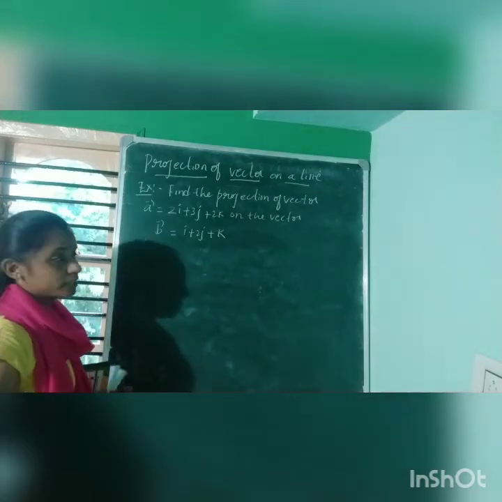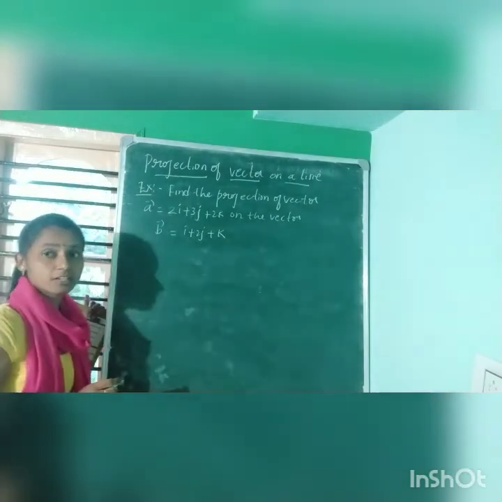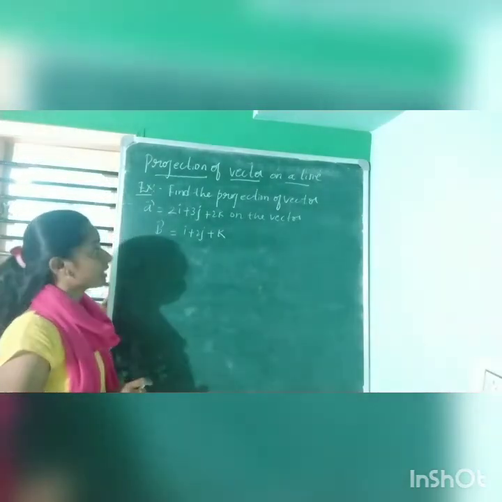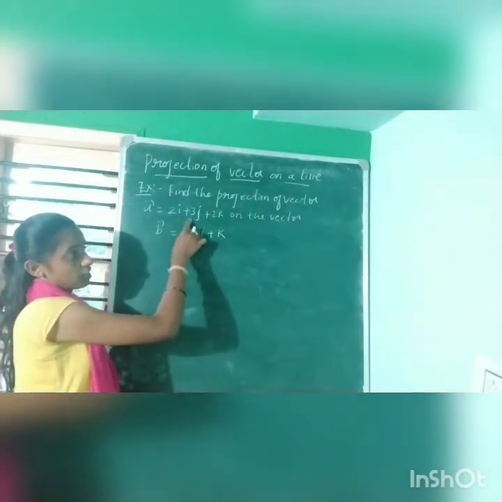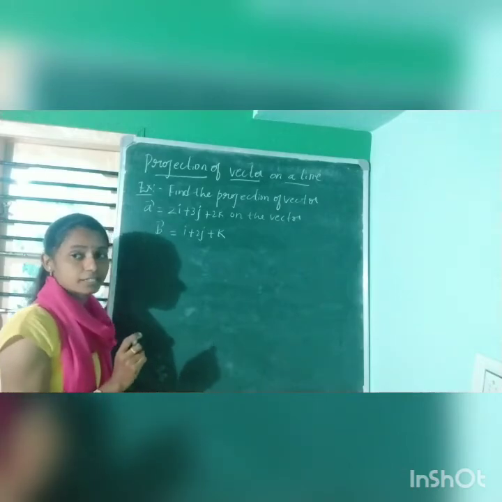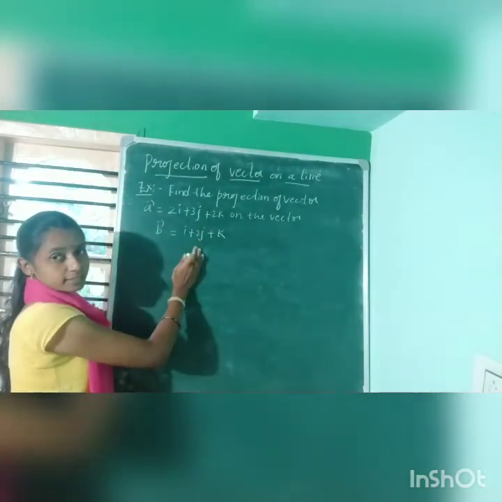So in the question it is not always stated as A and B vector. They will not mention it. Sometimes they'll ask a question like find projection of this vector on this vector. On the vector, you need to take it as vector B. Is it clear? So hence this is A and this is B.